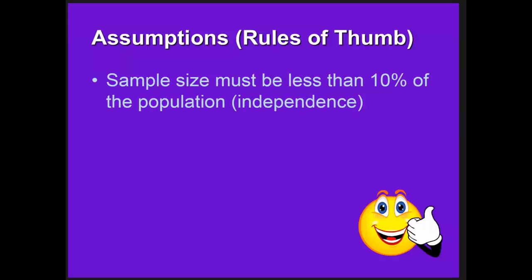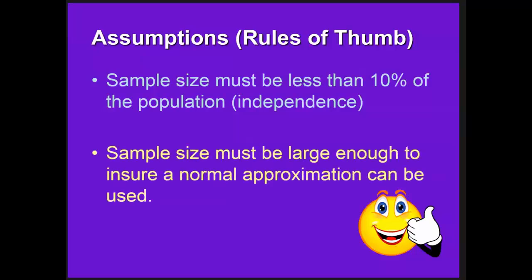The first assumption is that the sample size needs to be less than 10% of the population in order for these calculations to work. And in the same sense, the sample size must be large enough to make sure that we have a normal approximation. And we've seen those formulas before. That's NP greater than or equal to 10 and N times 1 minus P greater than or equal to 10.